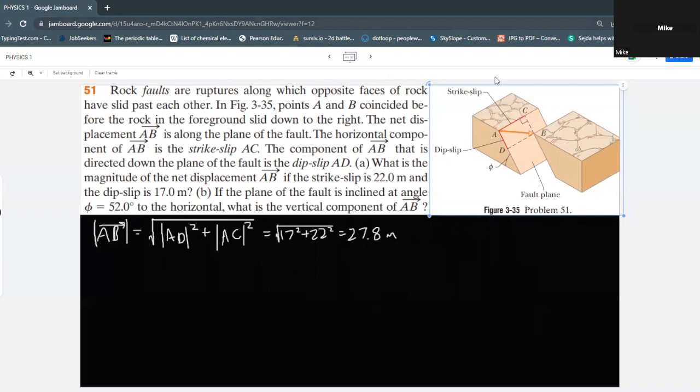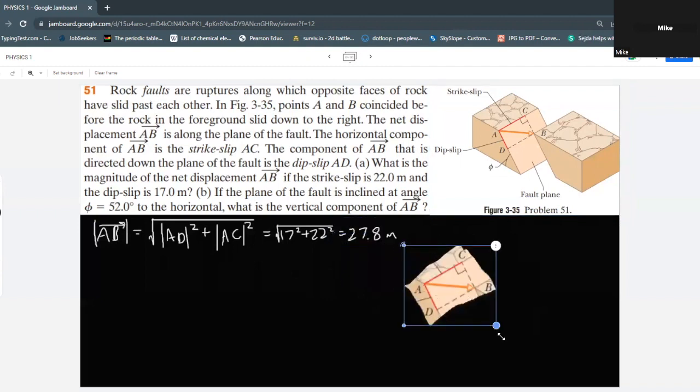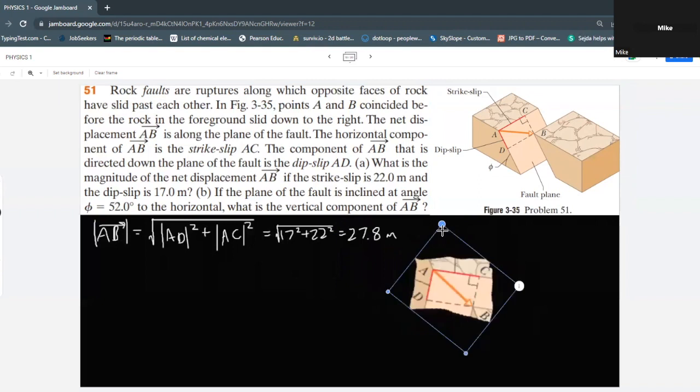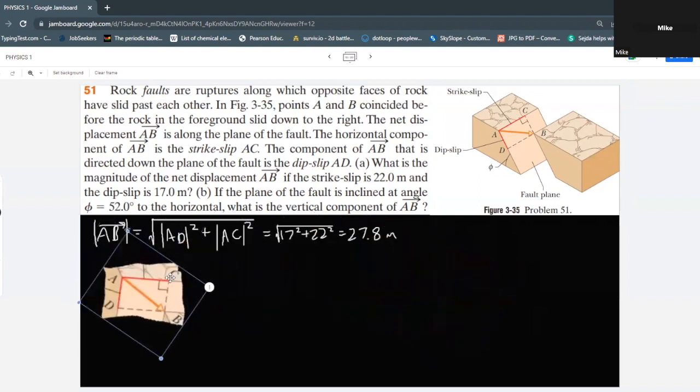Screenshot. Tapos paki-label lang yung mga angles.